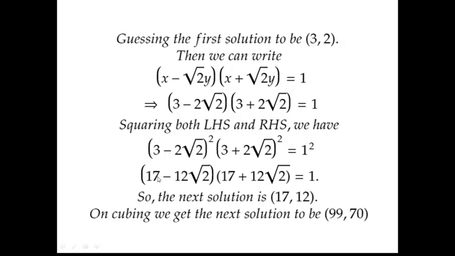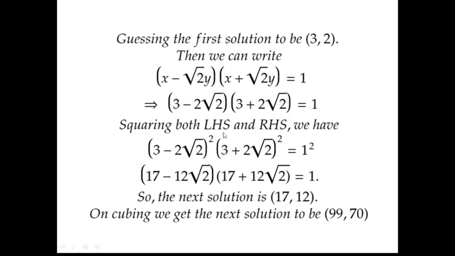On expanding, (3 minus 2 root 2) squared gives 17 minus 12 root 2, and (3 plus 2 root 2) squared gives 17 plus 12 root 2. So this also satisfies, because 17 squared minus 12 squared into 2 is 1 again. So the next solution is (17, 12).